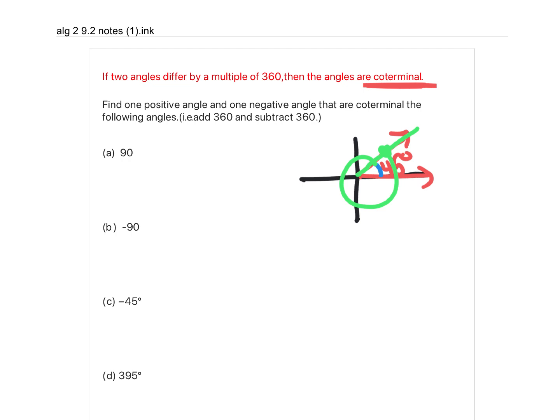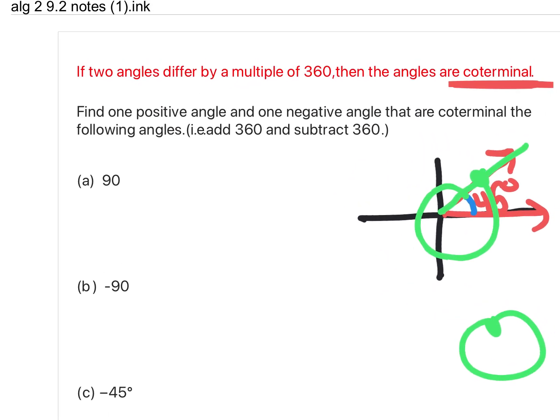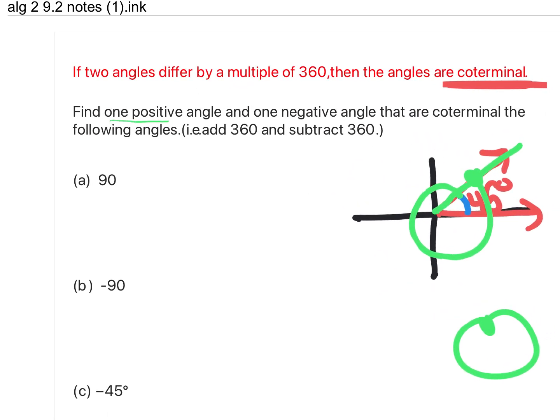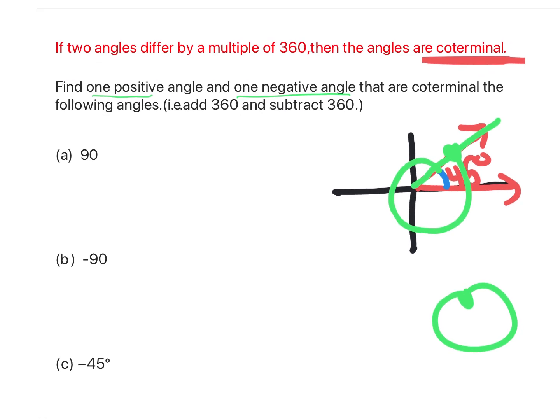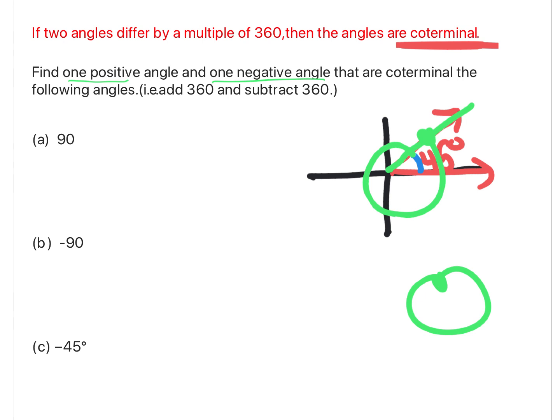You basically turned yourself all the way around and came back to the same spot. So all we are going to do to figure out coterminal angles is find one positive coterminal and one negative coterminal angle. In this case, I showed in this green over here that I was going in the positive direction. So I would have 45 plus 360 because I went all the way around the circle.